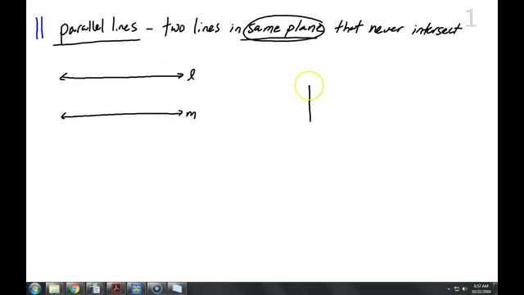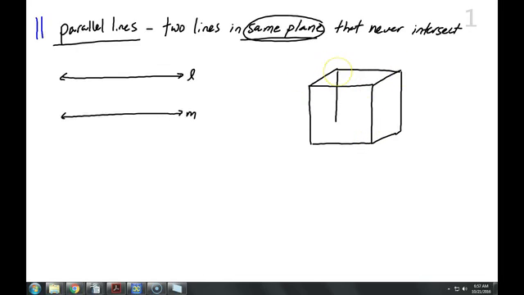So I want to draw another diagram, a three-dimensional box or a rectangular prism here. I'm going to draw a box, and I'd like you to draw this with me. So here's a box, and on this box I can draw two different lines that also will never cross.